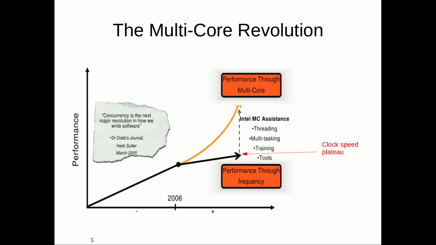But at some point we hit a clock speed plateau, meaning that for various physical and electronic reasons, we cannot really improve the clock speed much beyond 3 gigahertz. So that's when people started adding more cores to CPUs, meaning that we need to apply parallel computing.